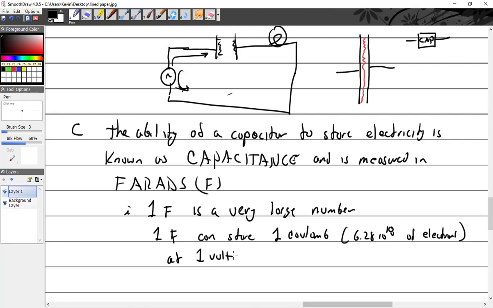A true 1 farad capacitor, let me show you this right here. All right, this blue thing right here is a capacitor. This is another capacitor.